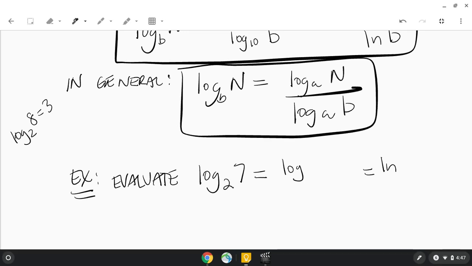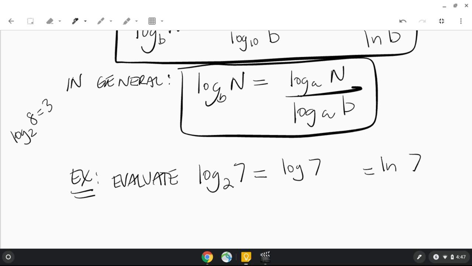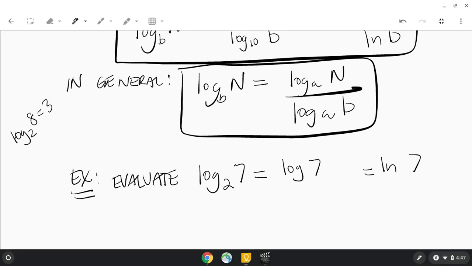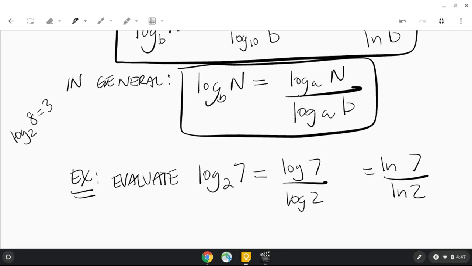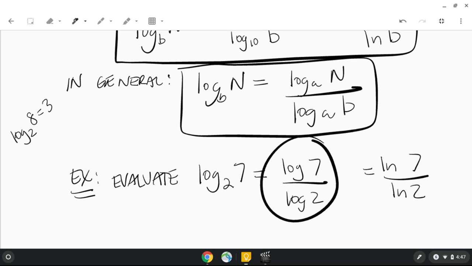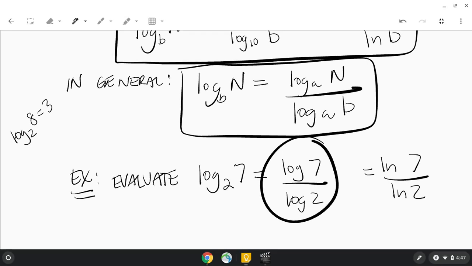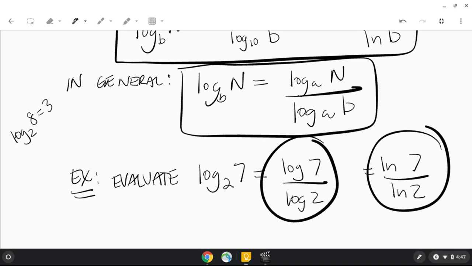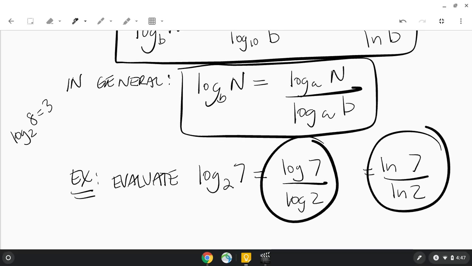I'll do both here, over the log of 2 or over the ln 2. Okay, either one is fine. If you punch this first one in, and then punch this one in, compare your answers, they're exactly the same, because it's a ratio. And the answer you should get should be somewhere between 2 and 3, since 2 is too small and 3 is too big.